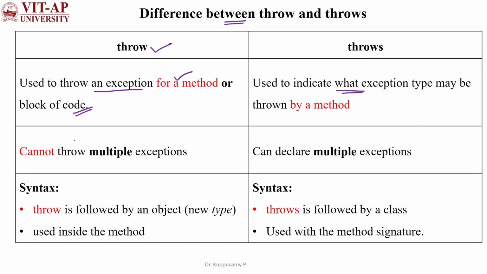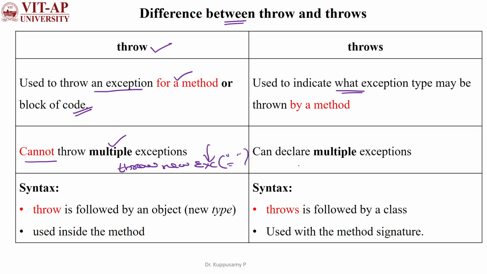There is a difference between these two. And the throw keyword cannot throw multiple exceptions. For example, when you are using throw, then the new keyword, then the exception class, you will give only a single notification. Only a single class can be used here.